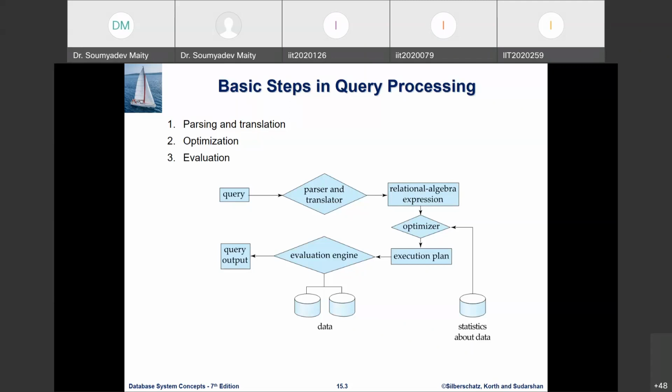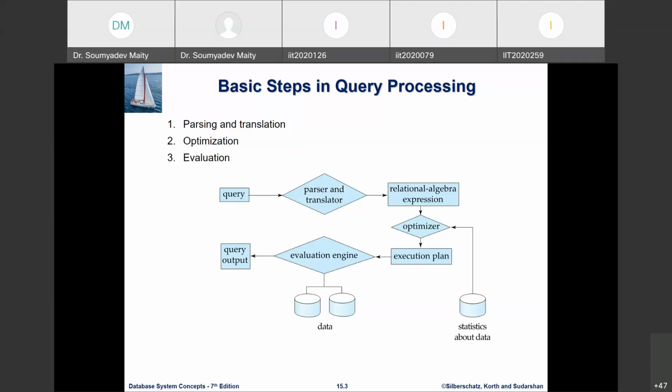That means when you are generating the expression, you have decided that this is the final optimal expression that I have to evaluate, and at the same time, you have decided which algorithms to use for the specific operations in that expression. So that is called an execution plan.